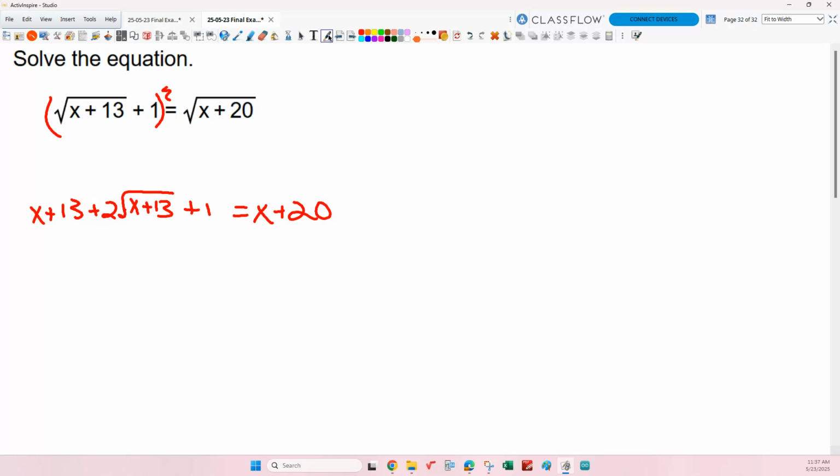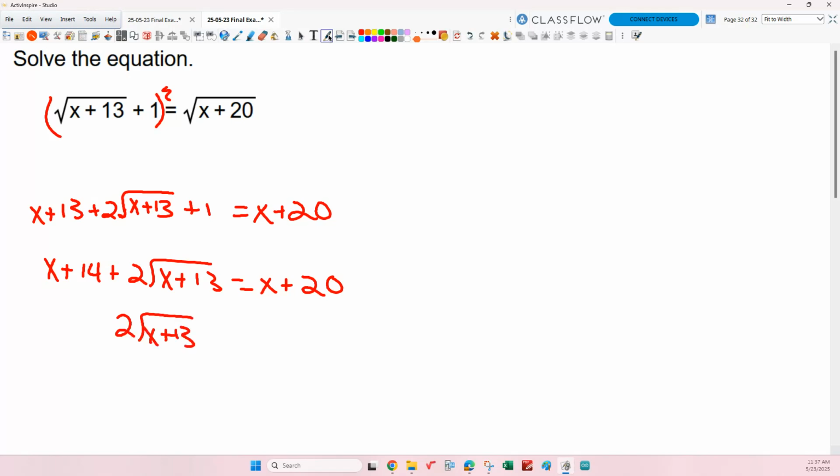Okay. Add everything together. Let's combine these ones first. And then I haven't done anything over here. So we got 2x plus 13 on the inside. What's going to happen with those x's? Okay.